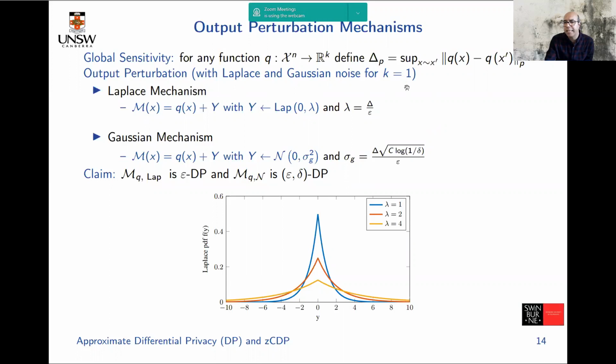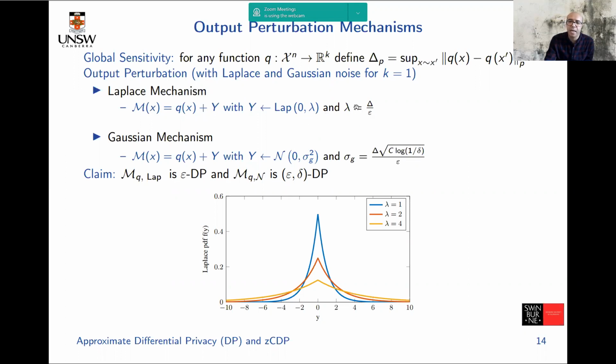For a single query, here we briefly present those. The Laplace mechanism is when you add noise to the query, if you've got the randomized mechanism M. And this noise is drawn from the Laplace distribution with location 0 and a scale lambda.